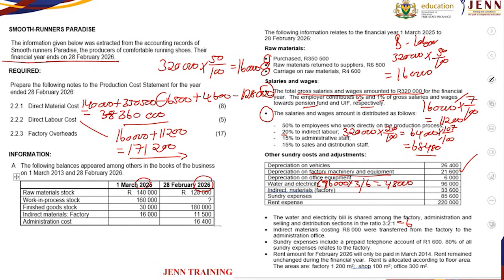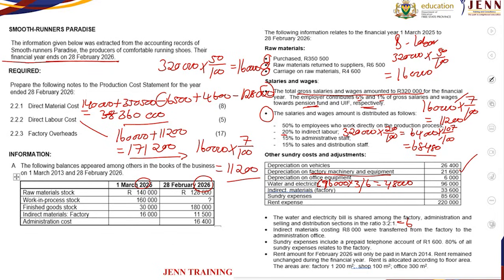And then from 160,000, we must still pay employers' contribution. So the employer's contribution will be paid on what we have paid to the employees. Now it says there, it must be 6% of pension and 1% of UIF. When you add them together, they are giving you 7%. So when you divide it by 100, definitely it must give you 11,200.